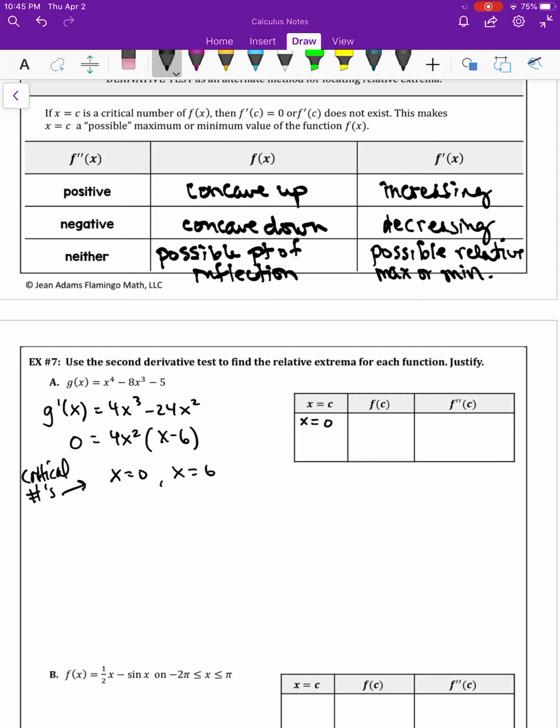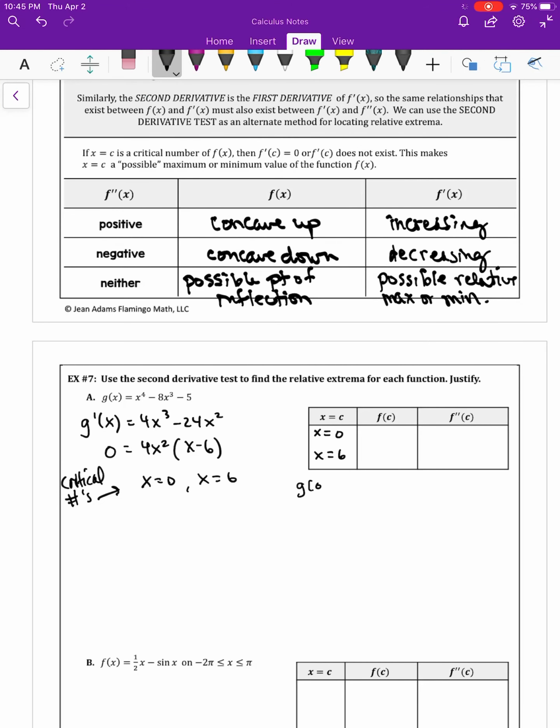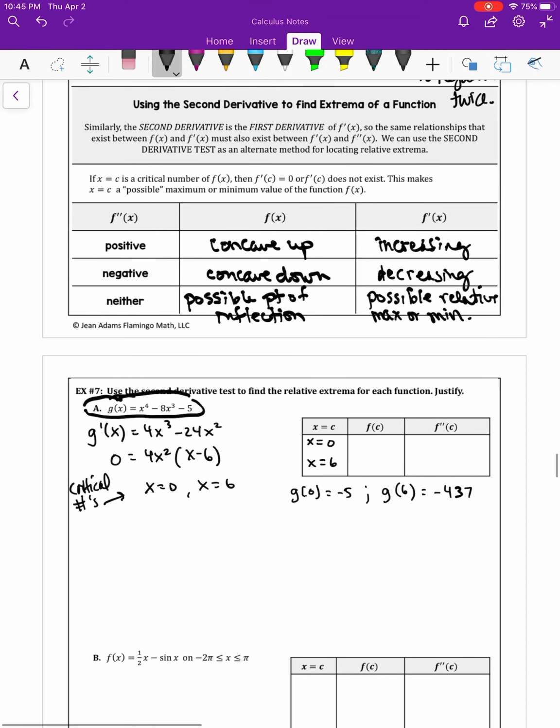And here's where we make a little chart. We've got x equals 0 and x equals 6. Our original function, we could find g of 0, and of course, that one's easy, it's -5. If I wanted to find g of 6, I would put it in my calculator with, of course, my original function here, and I would get -437. So we've got -5, -437.